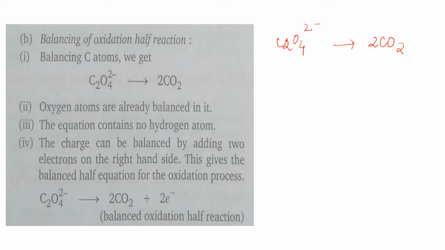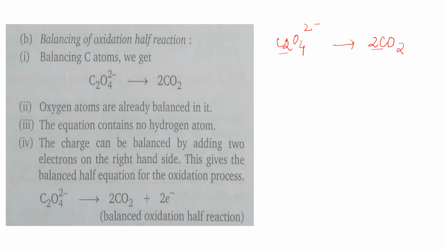On the left hand side carbon is 2 and on the right hand side also it is 2. So this is balanced. Now you have to see for oxygen. On the left hand side we have 4 oxygen atoms, and on the right hand side also 4 oxygen atoms. So oxygen is also balanced. So I don't have to do anything.